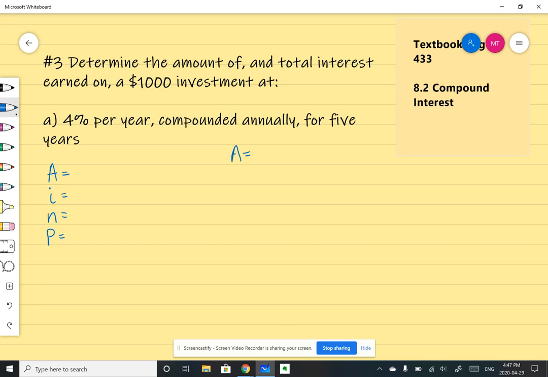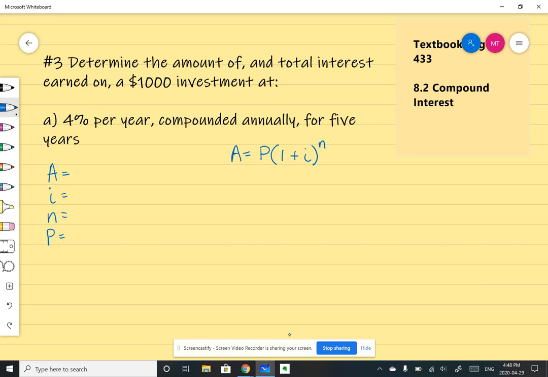The formula for compound interest, as you know from lesson 2, is A equals P(1 plus I) to the power of N. A is the total amount after the investment. P is your principal.